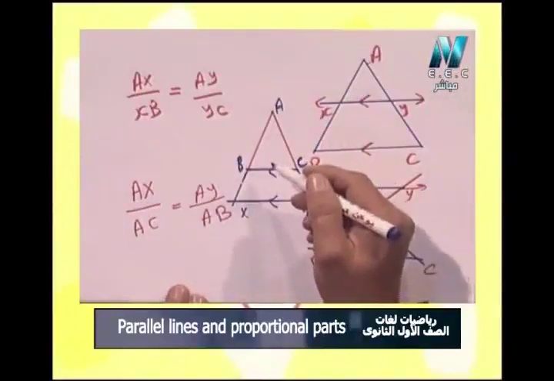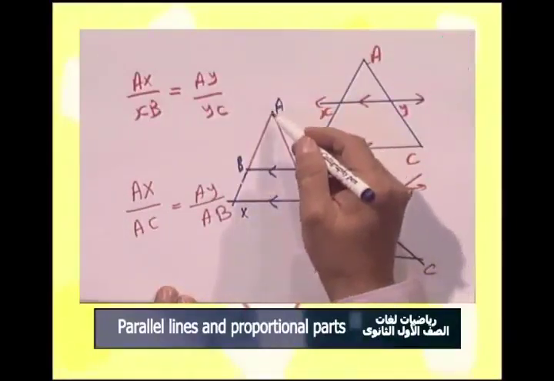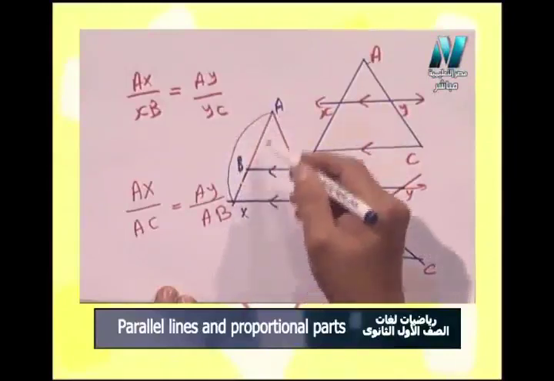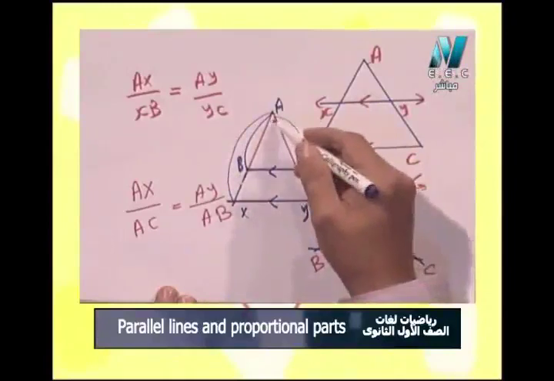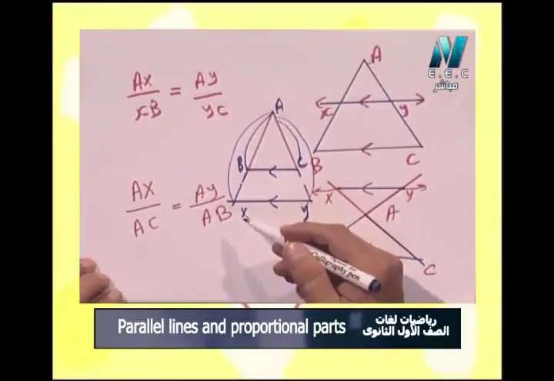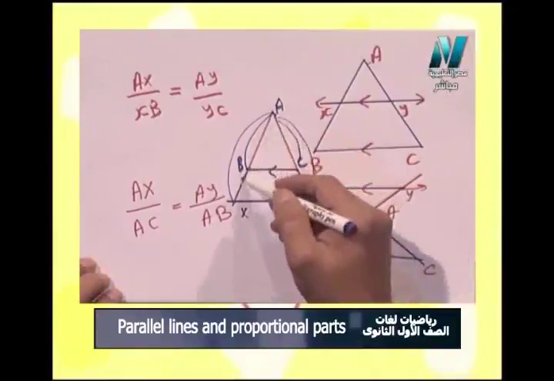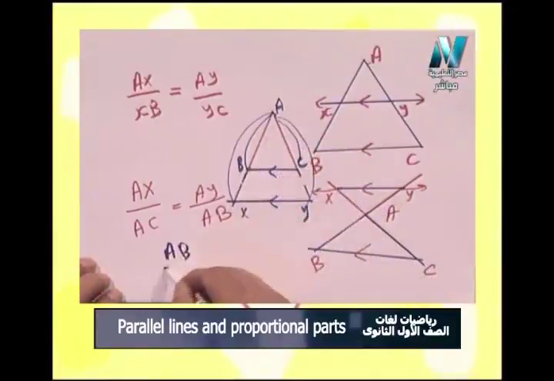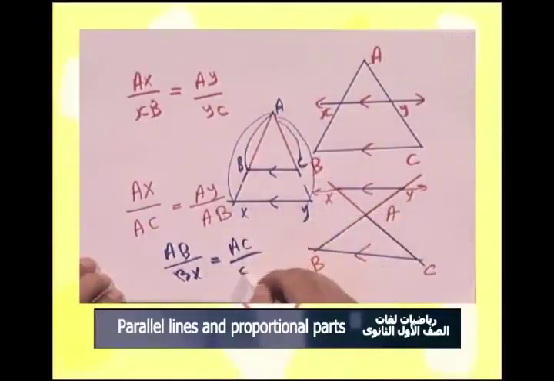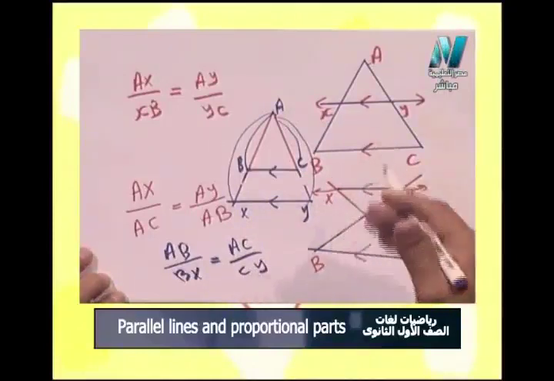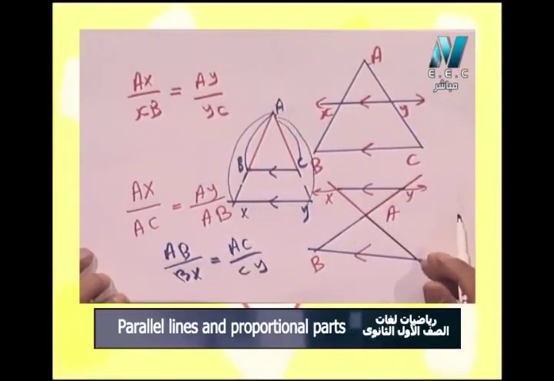So we can say that AX over AB will be equal AY over AC, or we can say AB over BX will be equal AC over CY, so that we can use this to find the different sides if we have the others.